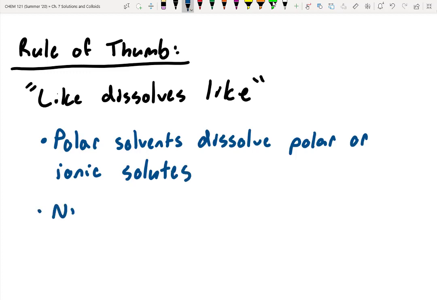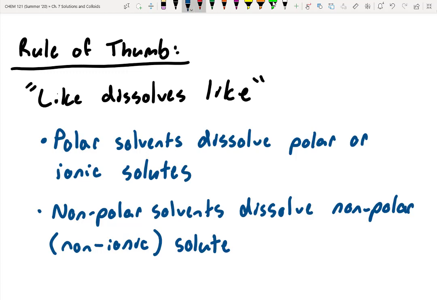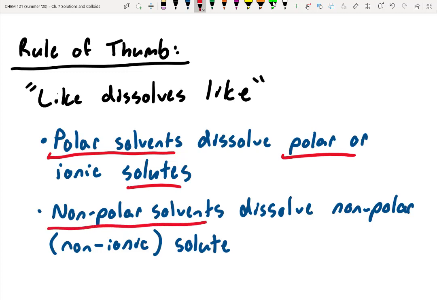Okay, non-polar solvents dissolve non-polar solutes. And it can't be ionic, because if it's non-polar, it's definitely not ionic. But this is the general trend, right? So the polar solvents dissolve polar solutes. Non-polar solvents dissolve non-polar solutes.